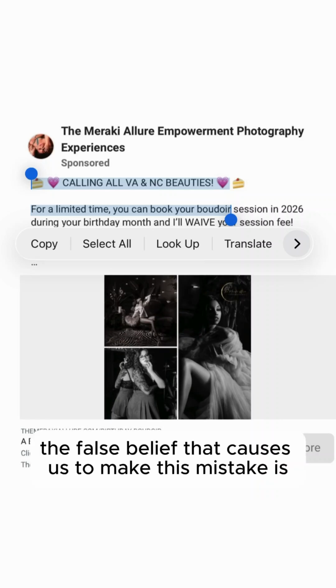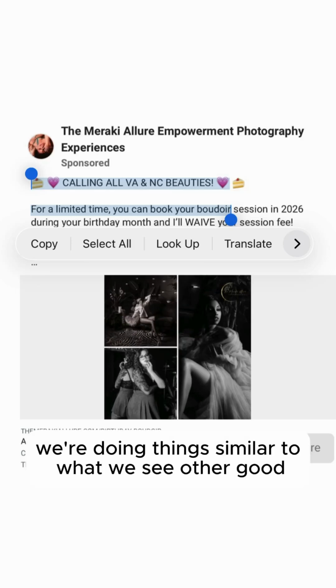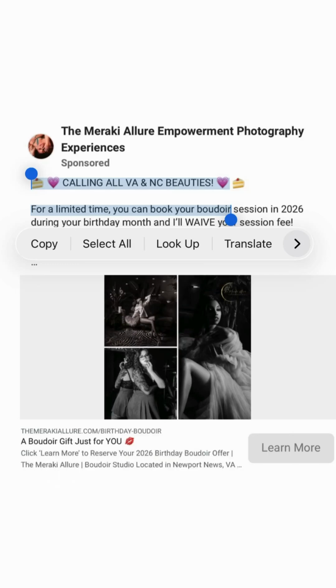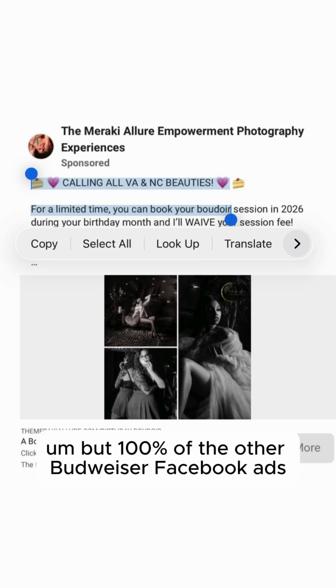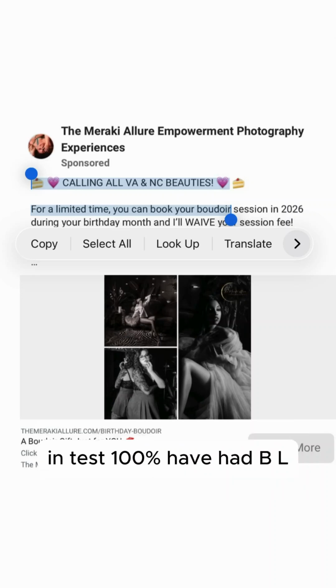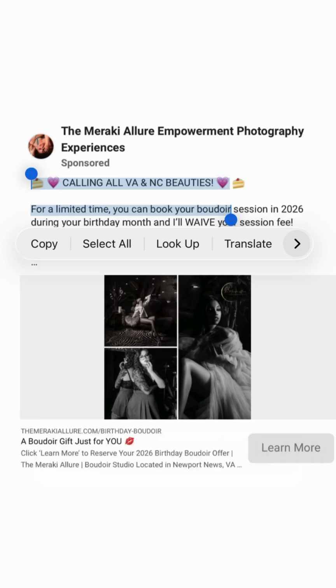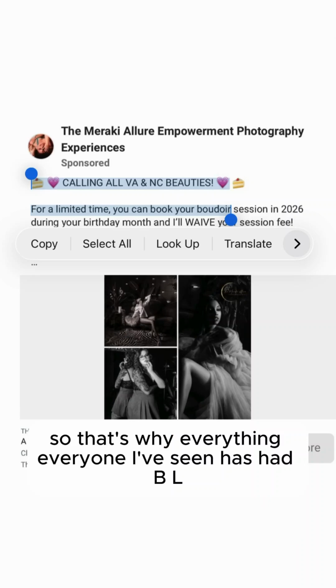The false belief that caused us to make this mistake is, we're doing things similar to what we see other boudoir photographers doing. But 100% of the other boudoir Facebook ads I've seen, and seen the back end metrics and taken in on my own and tested, 100% have had BLCS, boudoir low click syndrome. So everyone's making the same mistakes. So that's why everyone I've seen has had BLCS.